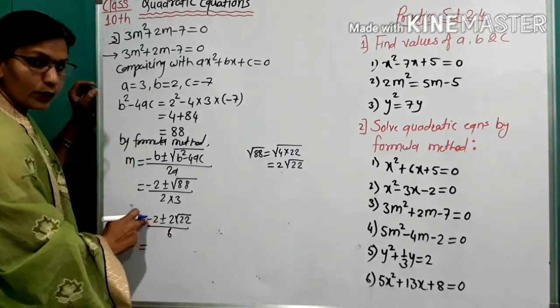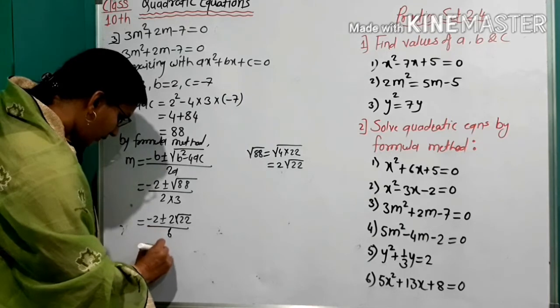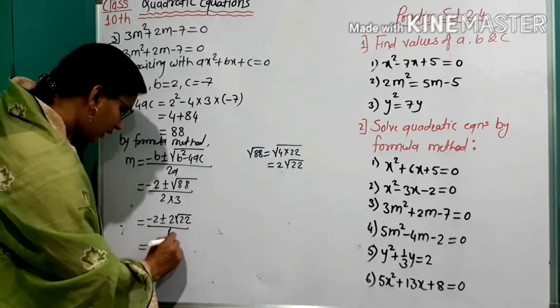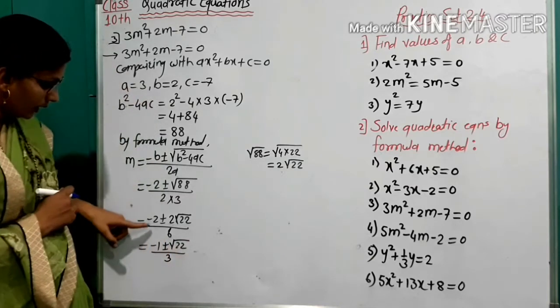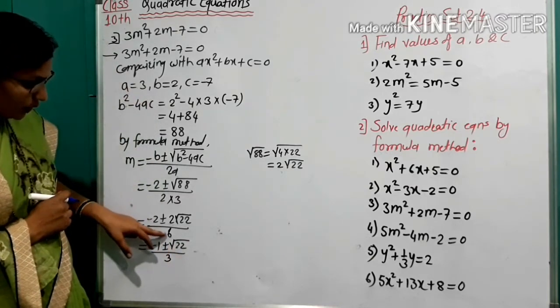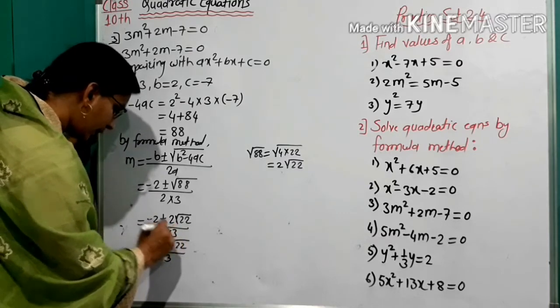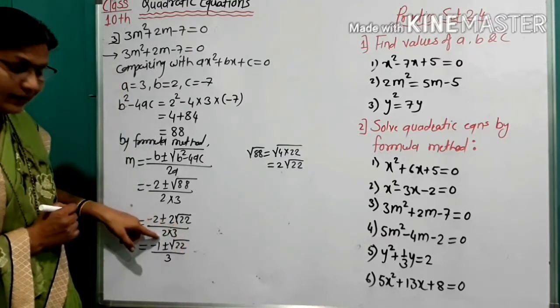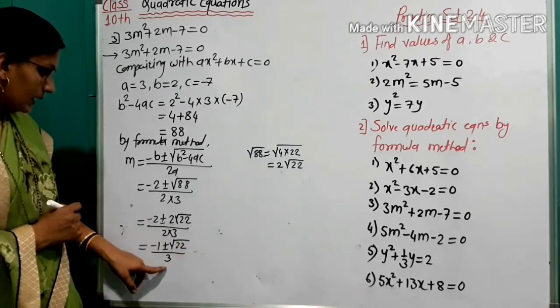Then take common 2 and divide this. Minus 1 plus or minus root 22, and therefore this is 3. Here take 2 common, and here 6 is written as 2 into 3. Take 2 common, 2 gets cancelled and we have minus 1 plus or minus root 22 divided by 3.